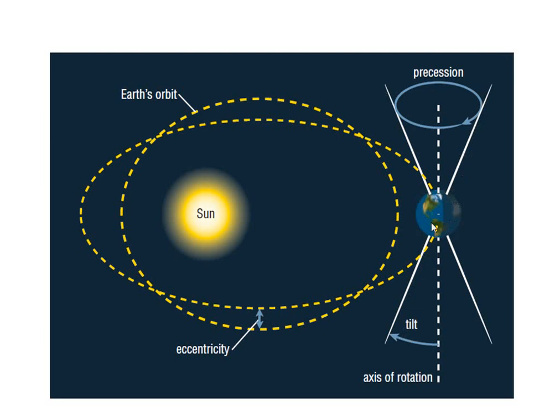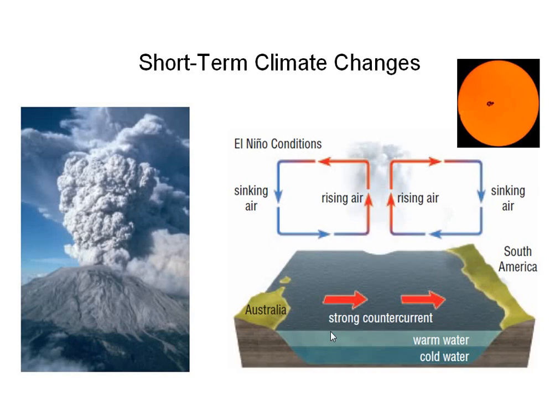But this is also periodic. So after about 100,000 years, then it will point at Polaris again in the future. Okay. So such changes can also cause the climate change in the long run, actually.